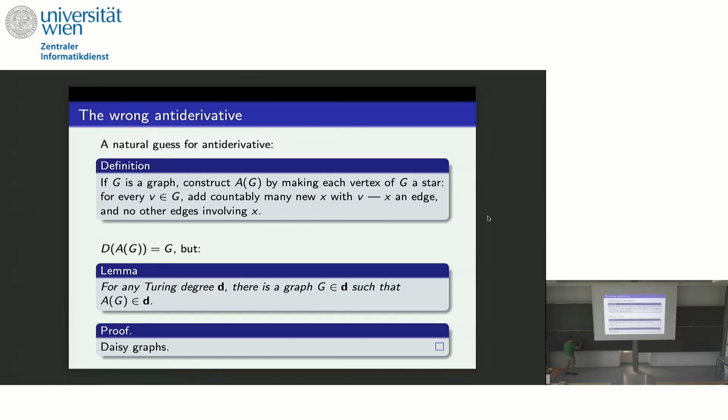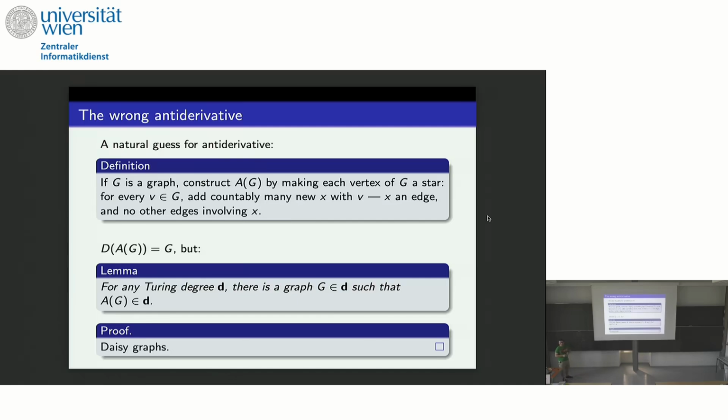So a natural thing would be to just say, oh, give it infinite degree like this. I'll just add a whole bunch of otherwise isolated vertices that are attached to each vertex. That is an antiderivative in the sense that if I take the derivative, I get back my original graph.